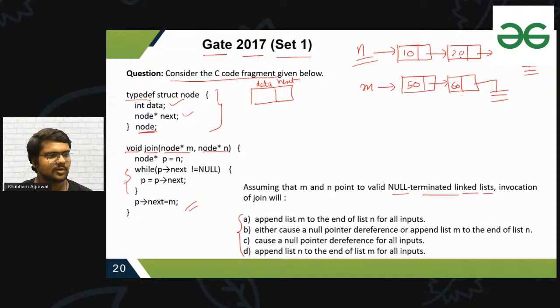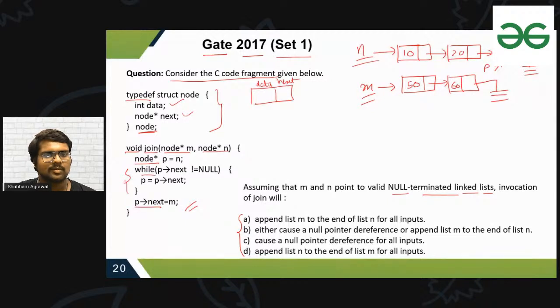Now p is pointing to n, so p will point to this. Now p of next is not equal to null, so we will do p equal to p of next, so p will point to this. Then again, p of next is not equal to null, so p will point to this. Now p of next is equal to null. Because p of next is null, we will break out of this while loop and we will do p of next equal to m.